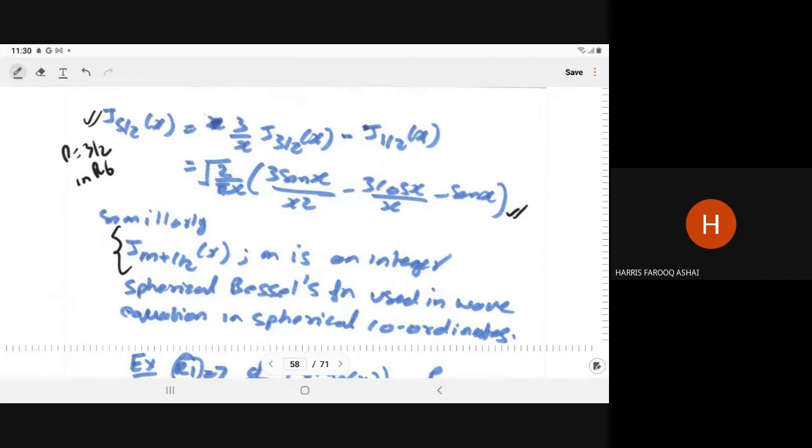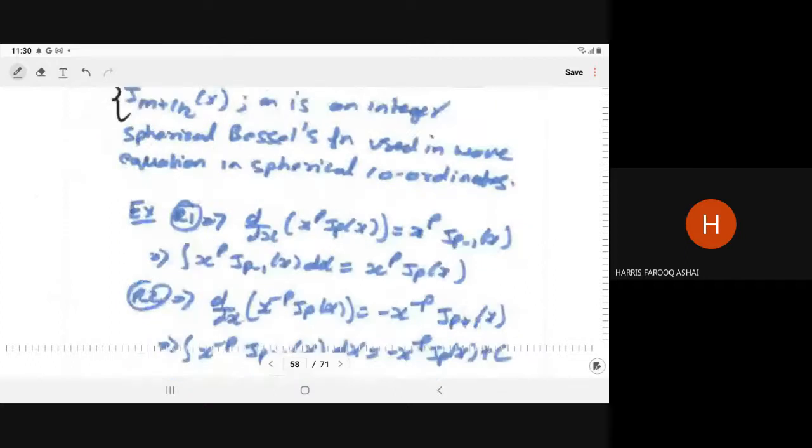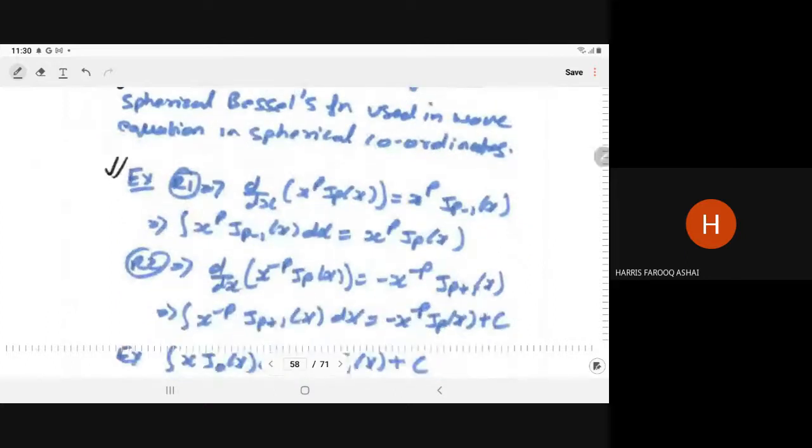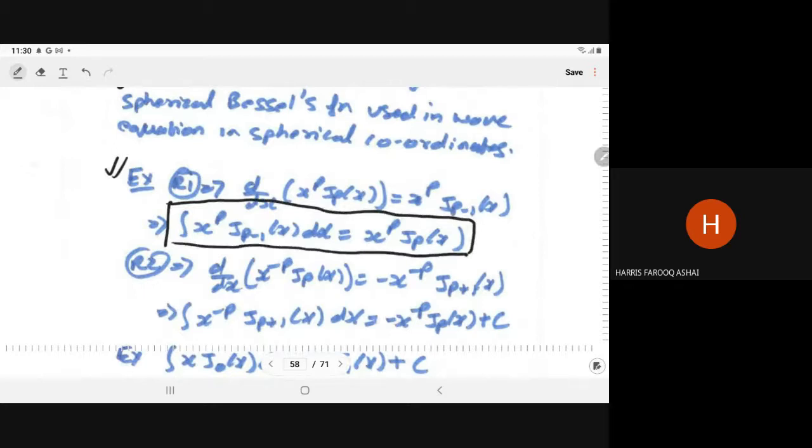Now we have this example. The relation is this one: integral of x to power p j p minus 1 dx is equal to x to power p j p. From recurrence relation 1, we have d by dx of x to power p j p x is equal to x to power p j p minus 1.